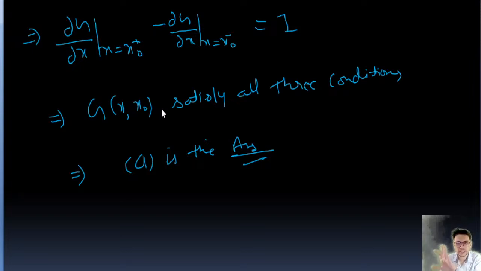There are three things you need to use: continuity, boundary conditions, and the condition that del g over del x at x equal to x naught plus minus del g over del x at x equal to x naught minus should be equal to 1. And always make sure that in the differential equation, the coefficient of d2y over dx square is 1, and then you use this condition.